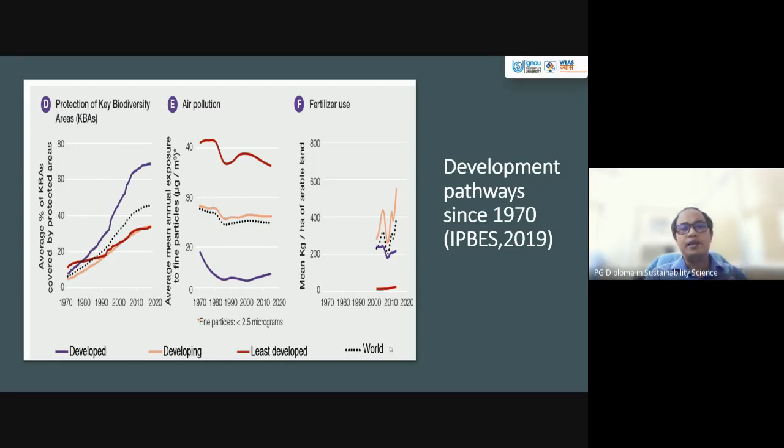So the air pollution rate, up to some extent, we are able to manage. A simple example is air pollution in Delhi. What it used to be before CNG was introduced, till the 1990s, even when I came to Delhi around 2000, it was very difficult to compare with what we have today.